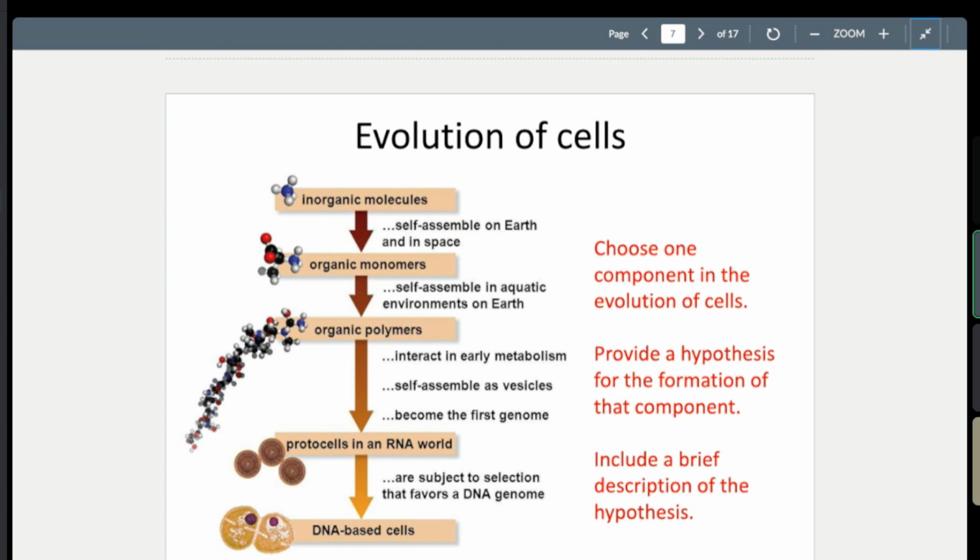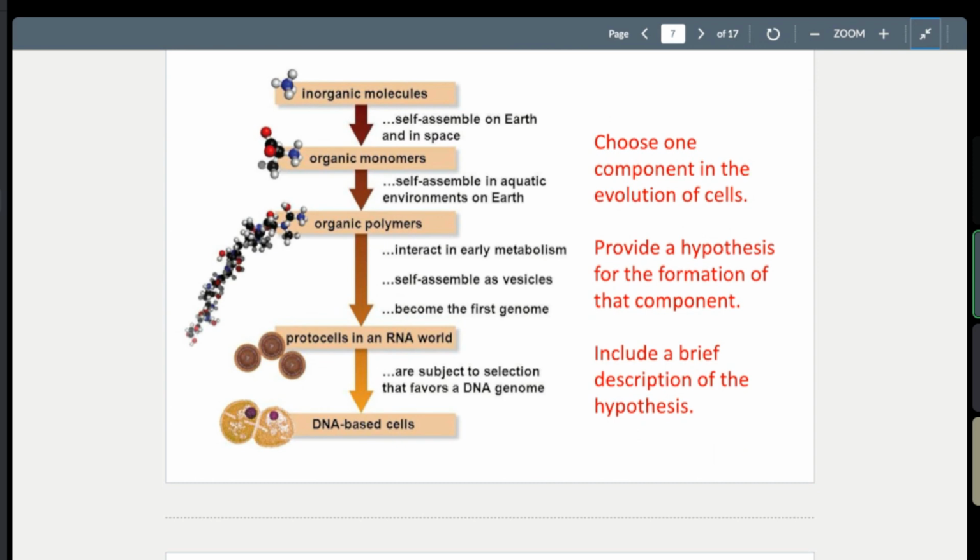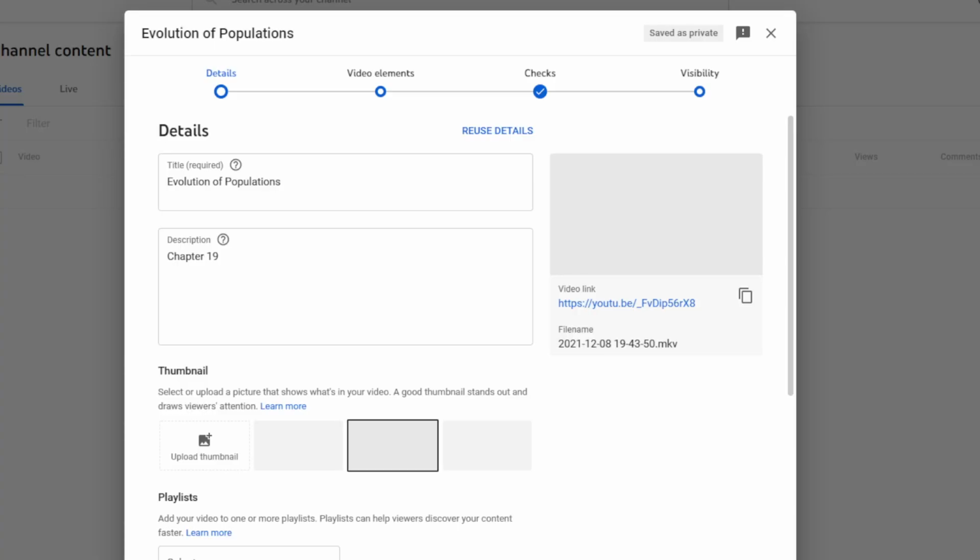Then you have protocells, which are an ancestral cell, and then DNA-based cells. So it all comes in one linear form: inorganic, organic, organic polymers, protocells in the RNA world, and DNA-based cells.